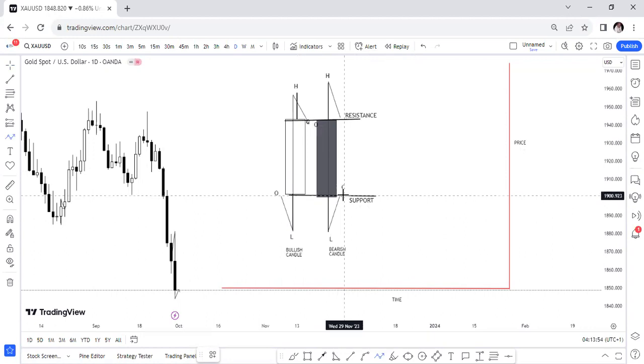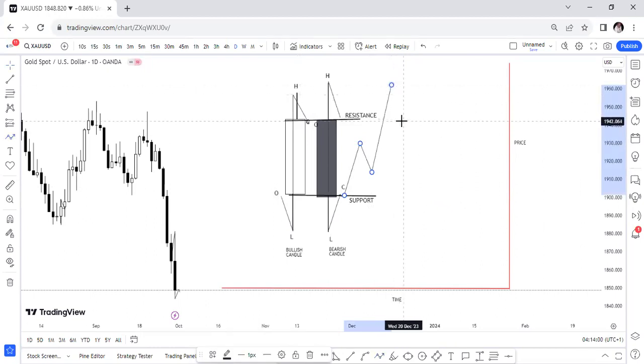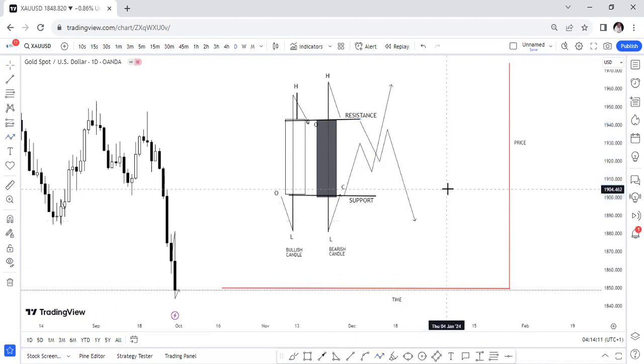So when price closes here, anything from here above represents the buying market. But anything from this place coming down to take out the support level represents the selling market.